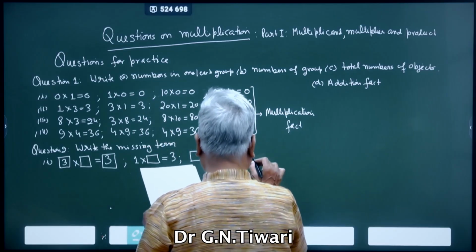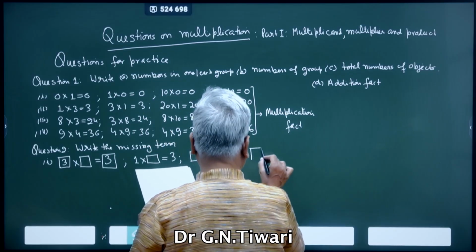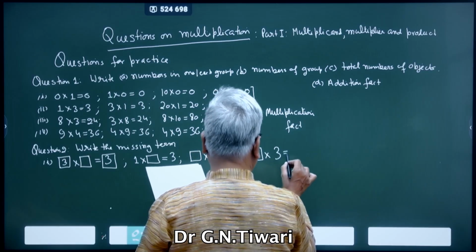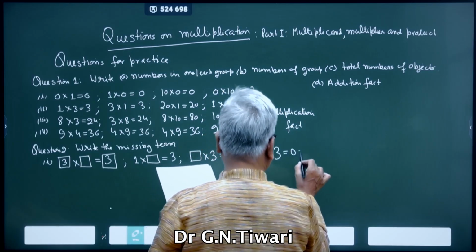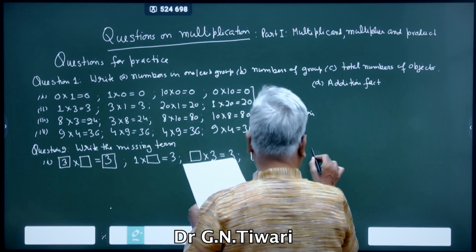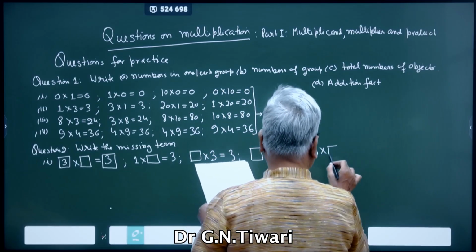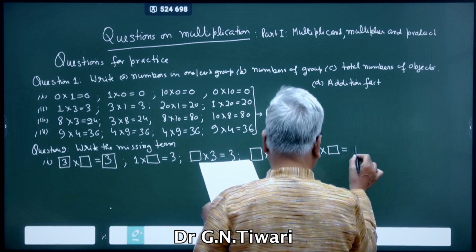Now, this into 3 is equal to 0. Then 3 into blank is equal to 0.